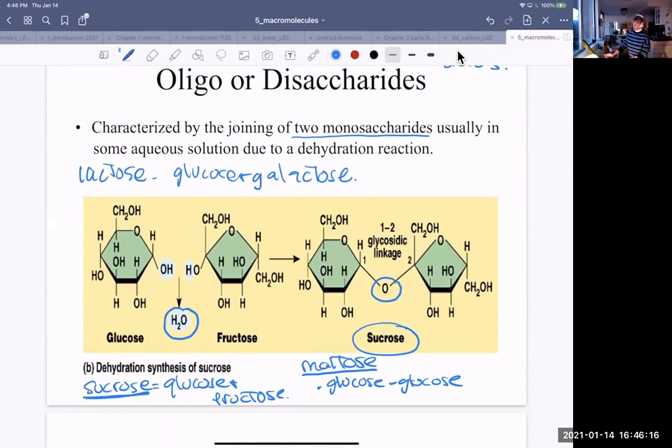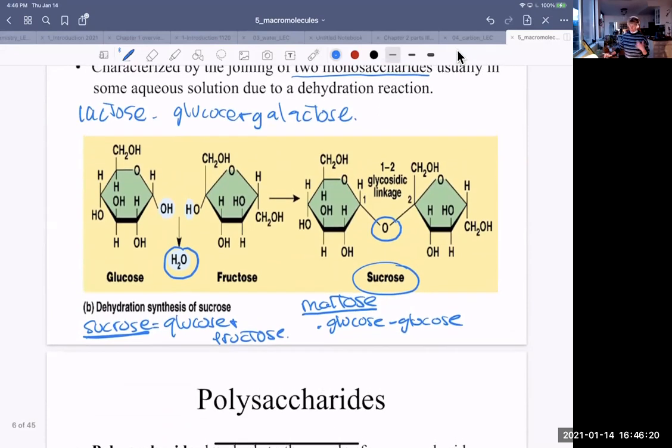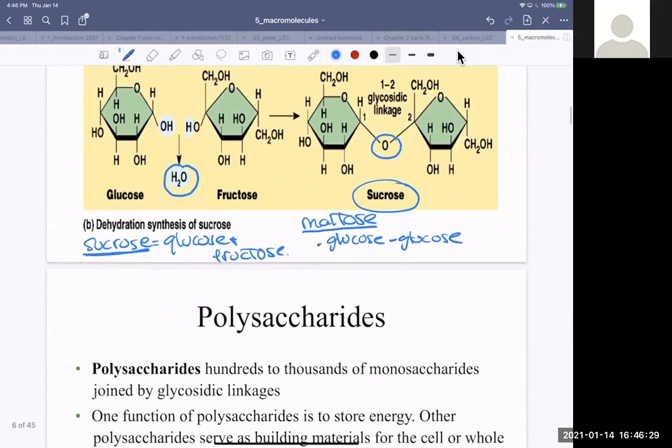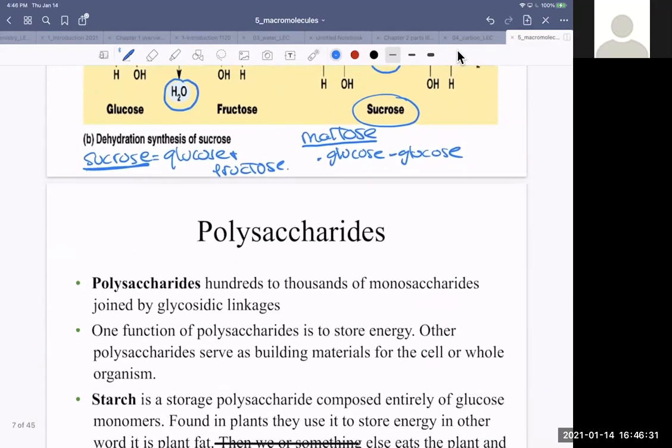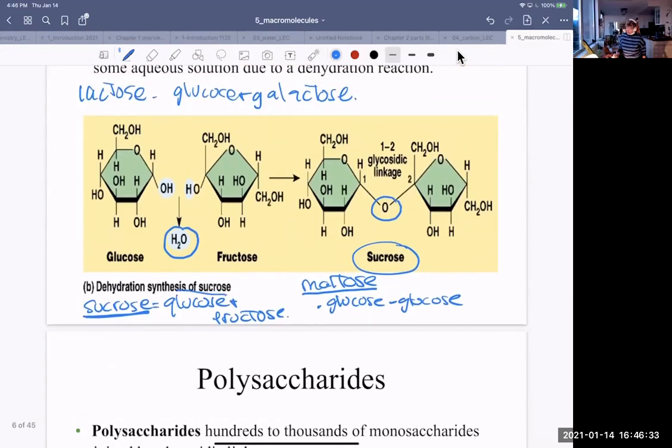So galactose derived from milk, maltose derived from malt, fructose derived from fruit and other plants. And of course, glucose is the molecule formed from photosynthesis. So that is the beginning of everything.